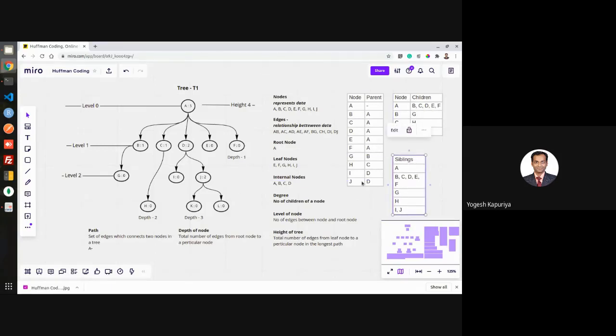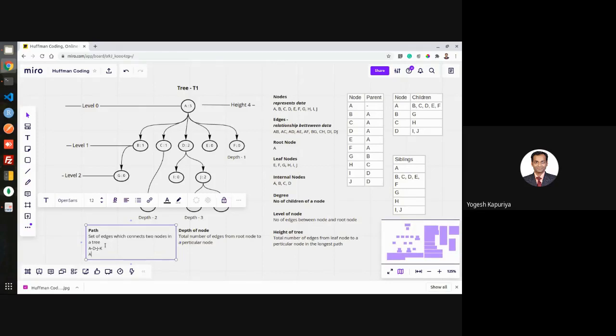Here also something will change, but I'm not going to update it right now. We'll do it later. So path between A to K can be defined by A, B, J and K. Similarly, path between A to G can be defined by A, B and G. Or path between let us say D to L can be defined by B, J and L. Right.